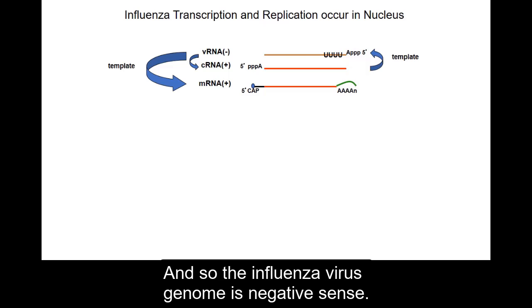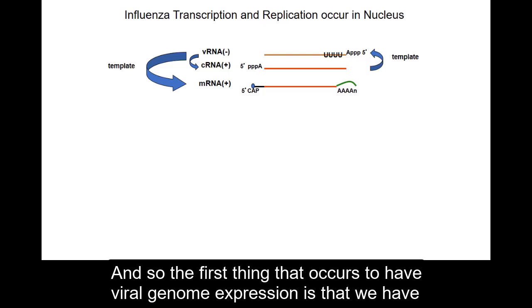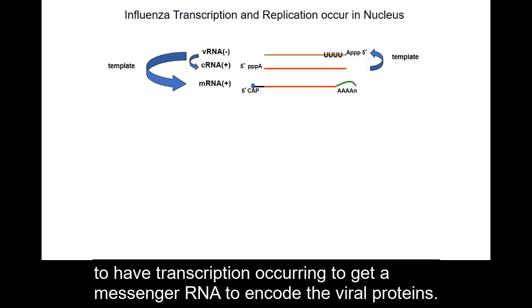And so the influenza virus genome is negative sense, that's depicted here. And so the first thing that occurs to have viral genome expression is that we have to have transcription occurring to get a messenger RNA to encode the viral proteins.